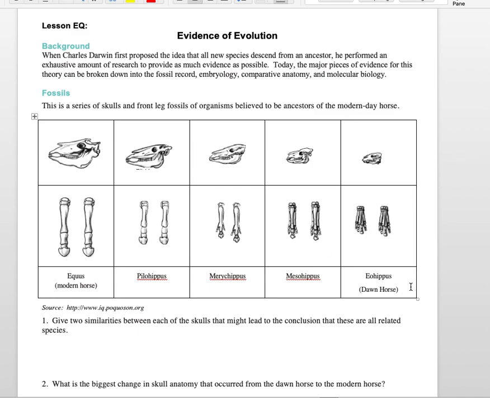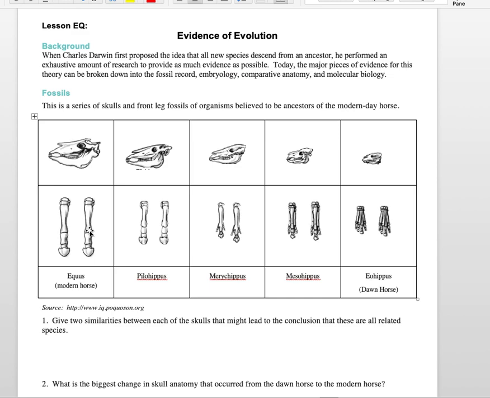Okay, so if we look at the dawn horse, and by the way, I believe these are Latin names, I don't want to butcher them, but the dawn horse, Eohippus, is showing that the skull is a similar shape to the modern horse, but it's much smaller.